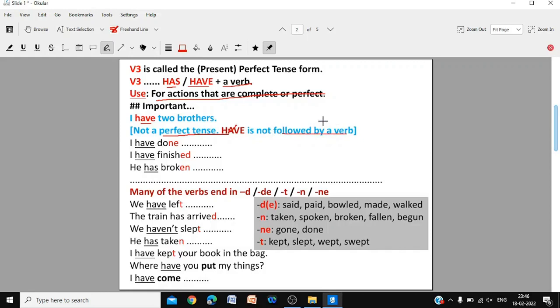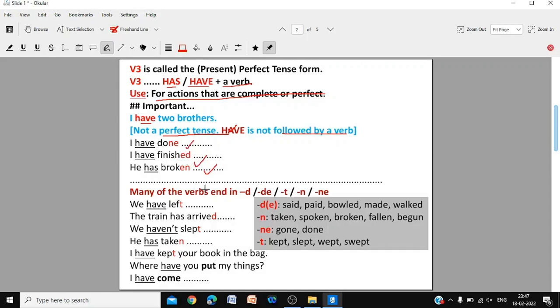So only has or have, I have two eyes, he has a pen, he has a brother, these are not perfect forms. Has or have must be followed by another verb in the V3 form. I have done. I have finished. He has broken. So has or have must be followed by a V3 verb.